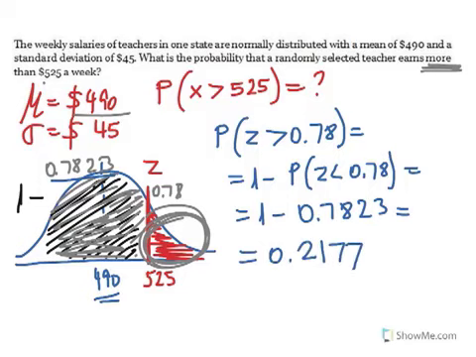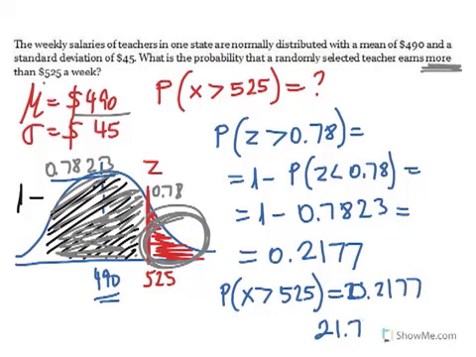So the probability that the randomly selected teacher earns more than $525 per week, P of x greater than 525, would be 0.2177, or 21.77%. So that's the answer.